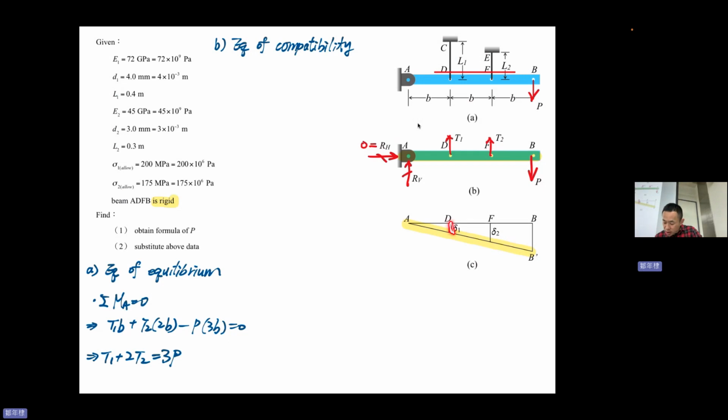So delta 1 and delta 2 must maintain this straight line. So using similar triangles, with B, delta 1, delta 2, the similar triangle here gives 2 delta 1 equal to delta 2. No problem.